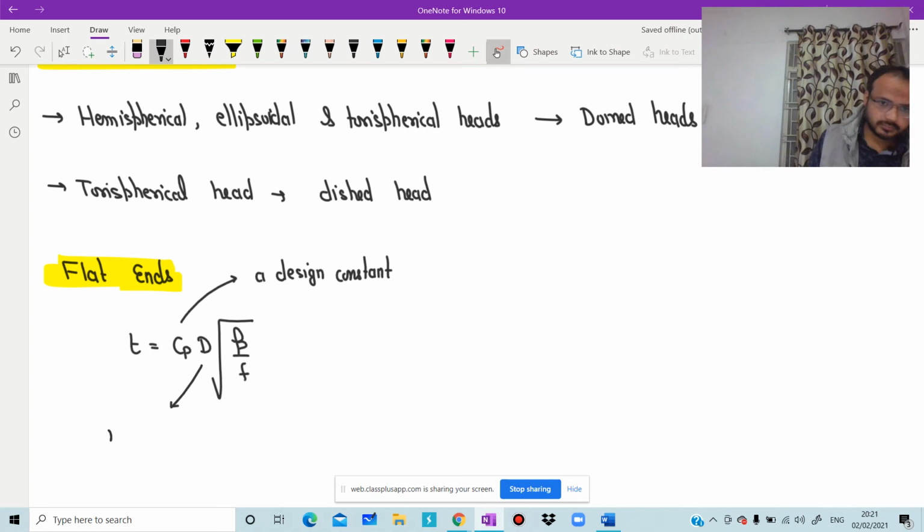D is the nominal plate diameter. F is the allowable stress. P is the design pressure.